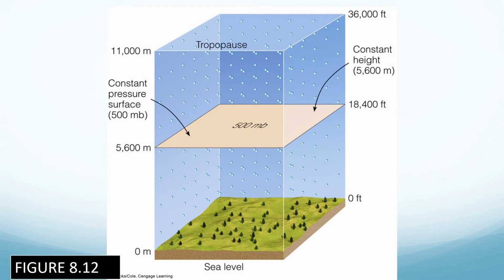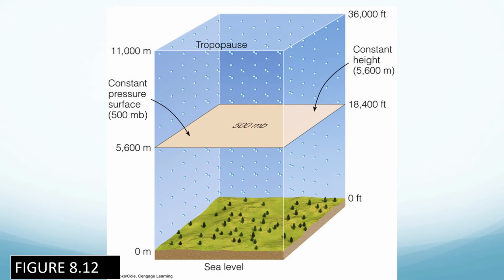So at every point on this isobaric surface, the height is 5,600 meters above sea level, and the pressure is 500 millibar. Within this simplified air column, we could cut any number of horizontal slices, each one at a different altitude, and each slice would represent both an isobaric and a constant height surface.